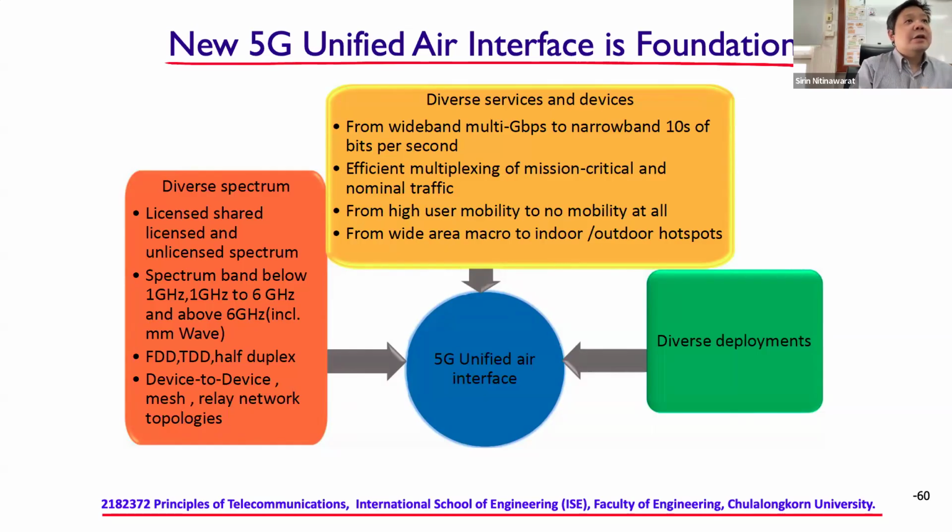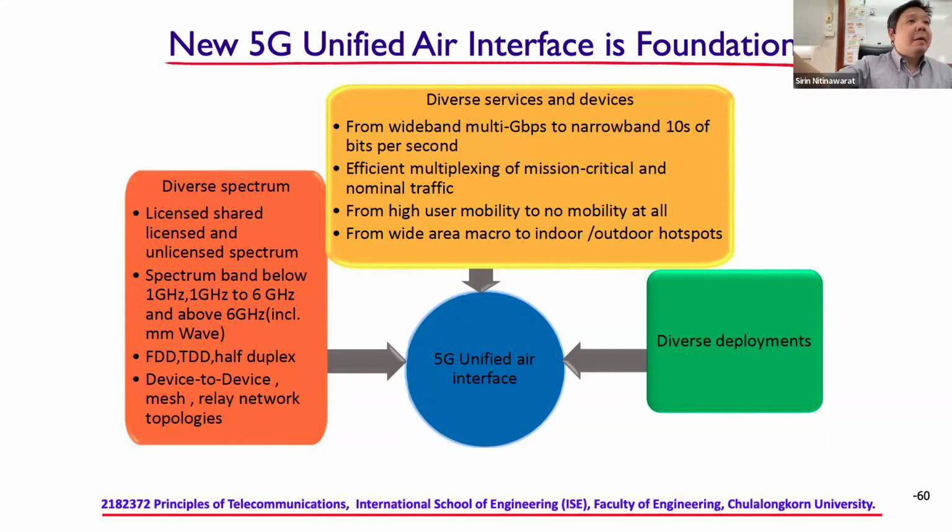Have you heard of the process called spectrum auctioning? Have you heard? They do it every few years or so, right? Yeah, so the providers have to bid in an auction to buy licensed spectrum from the government, to make sure that the government gets the best and fairest prices, okay?